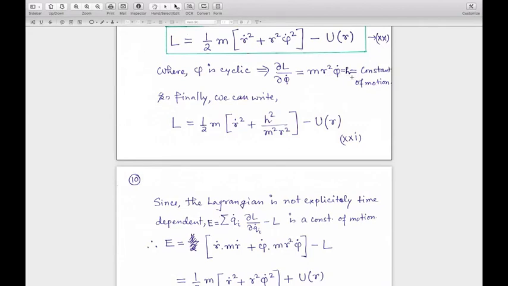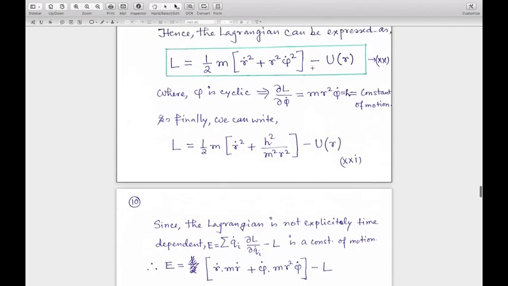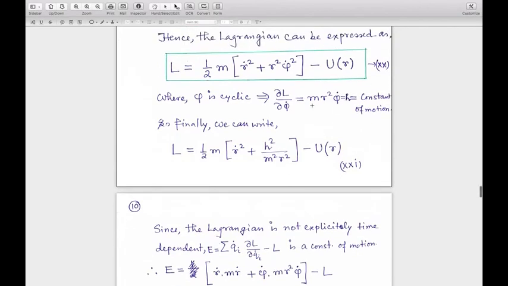Now try to understand, this is not a holonomic constraint. Even if I give you a Lagrangian and tell you from the beginning that this is your constraint, is it a holonomic constraint? No, because this is an equation between r and phi dot, not r and phi. So somehow the generalized velocity corresponding to phi interferes.